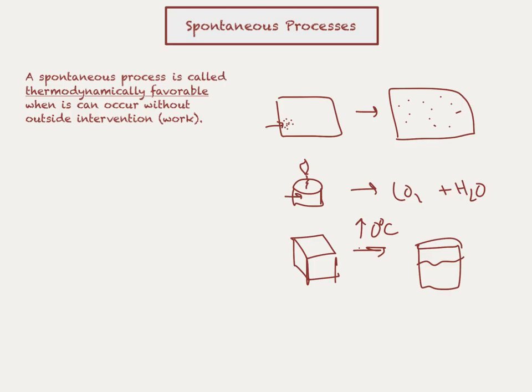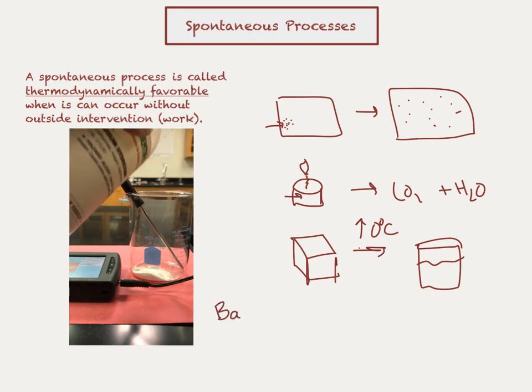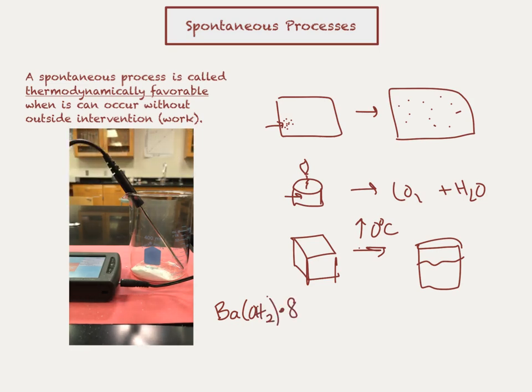Consider this reaction. In this demonstration, I'm about to mix a whole bunch of solid barium hydroxide octahydrate, which just means that it's barium hydroxide ionic compound crystals that have a ratio of 8:1 waters within those crystals.